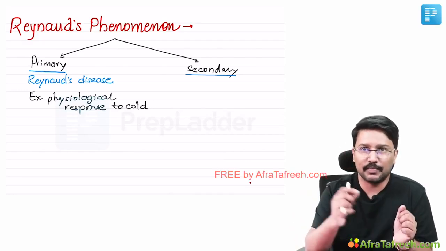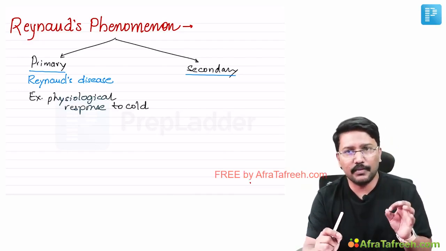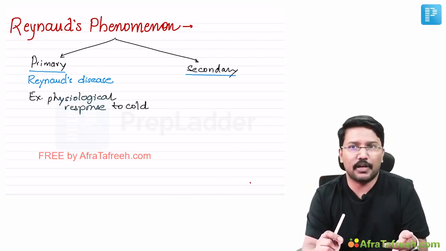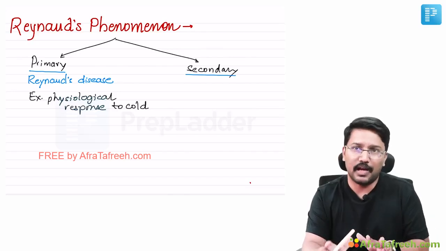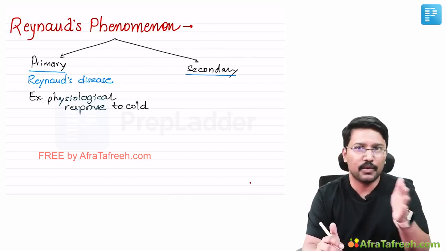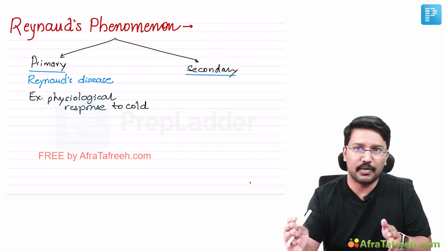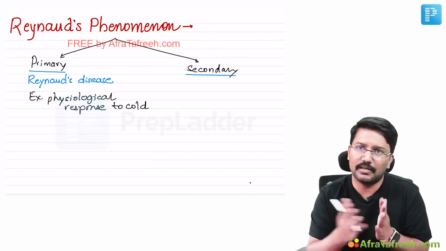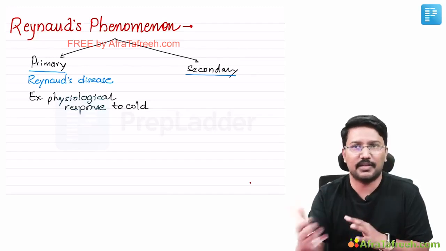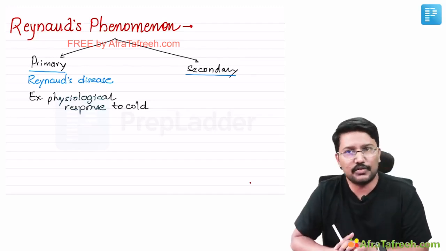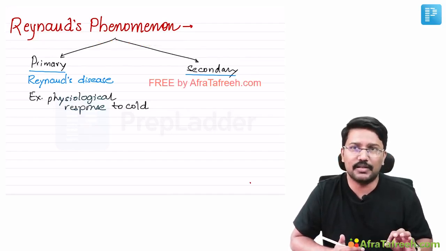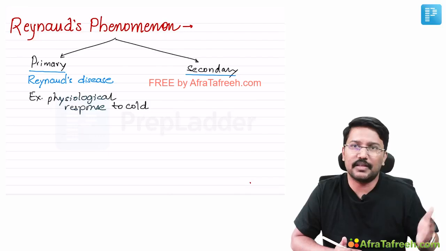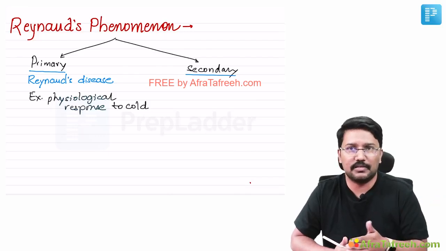So it starts with pallor, then they develop cyanosis, and once the vasoconstriction resolves, there is rebound perfusion of the affected areas, and that leads to hyperemia. During these periods, the patient may also experience pain to some extent, and then it resolves. Right? Especially exposure to warmth causes the resolution. In patients with Raynaud's disease, the normal response to cold is exaggerated, and that is why they experience all these changes, right?